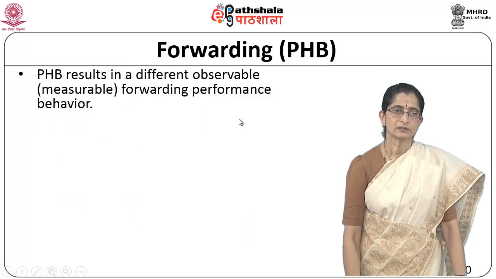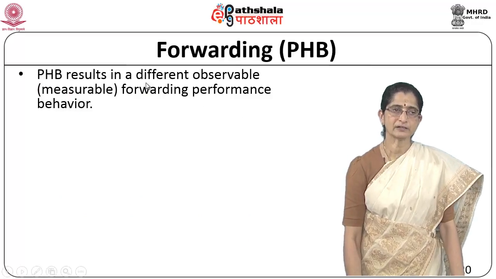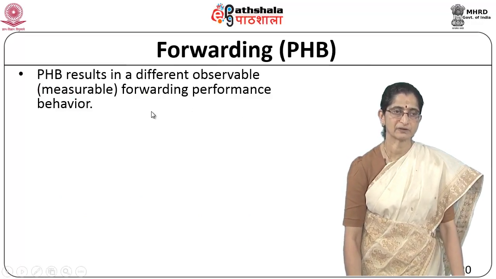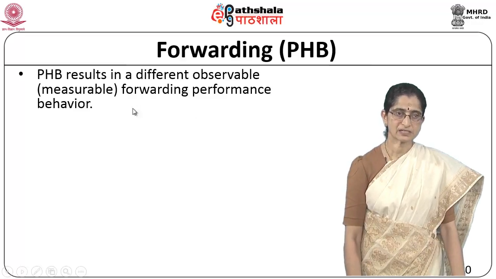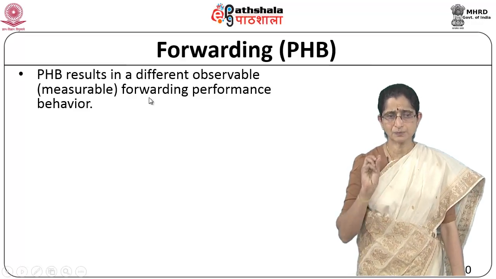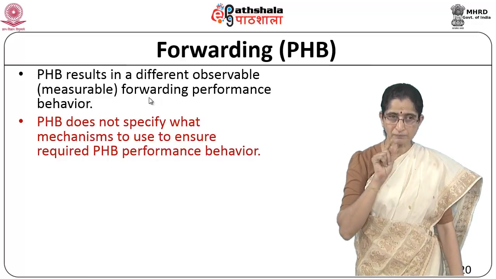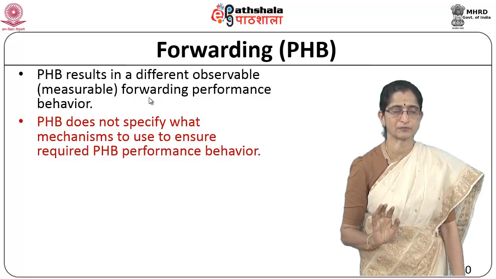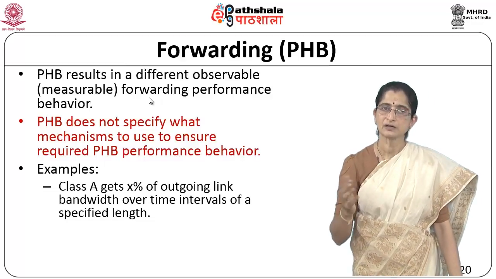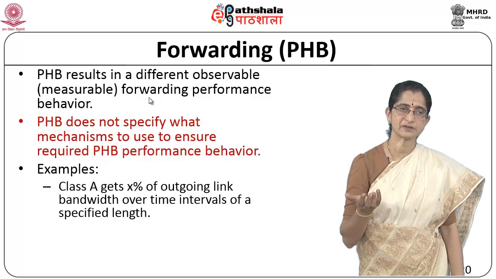If you look at this forwarding behavior, the per hop behavior, what it actually gives us is certain observable forwarding performance behavior. It does not specify what mechanisms to use to ensure that performance behavior. That is left to the differentiated services provider.